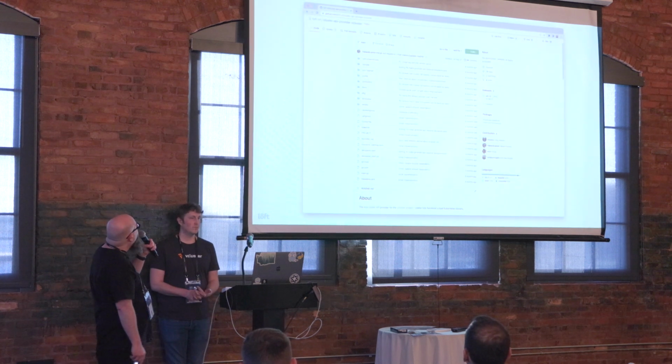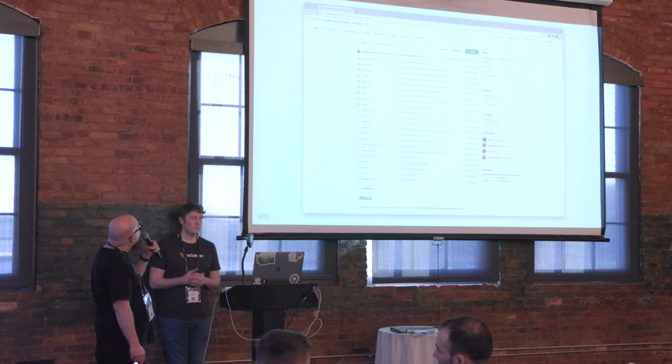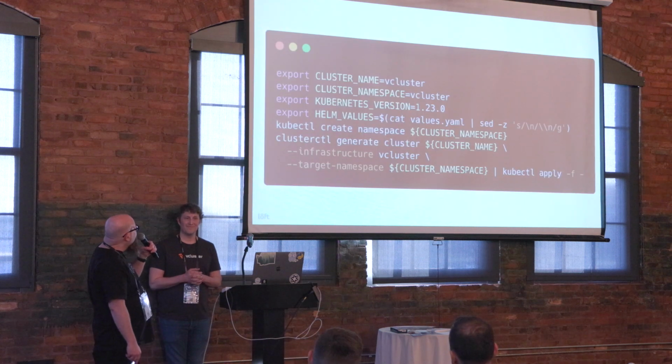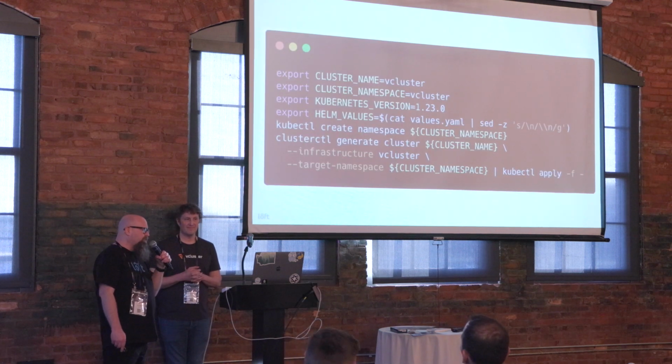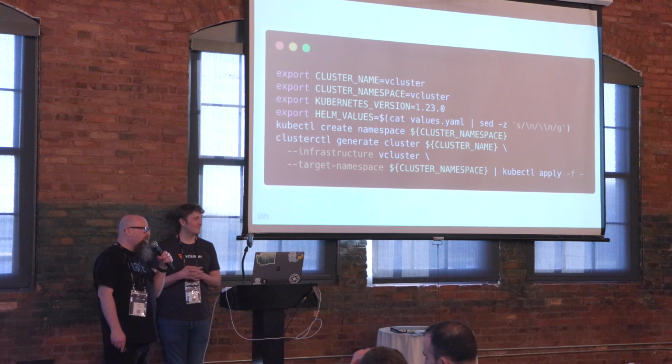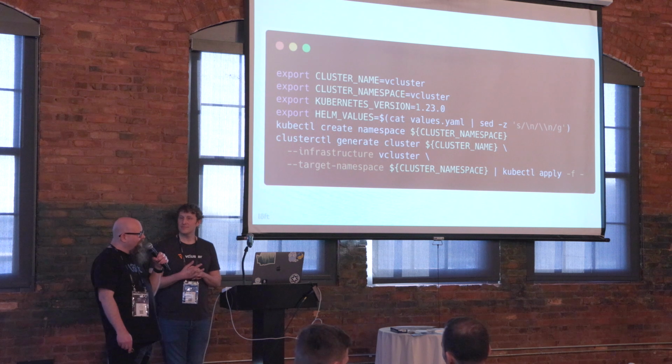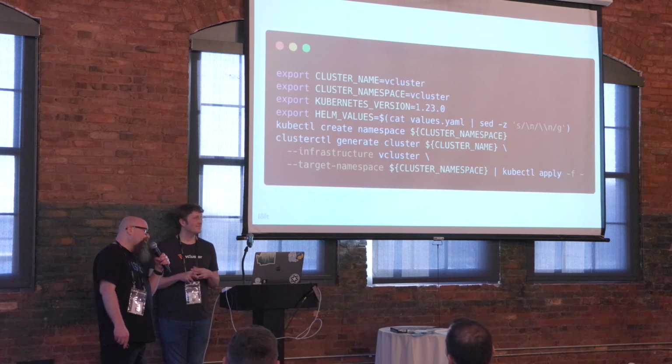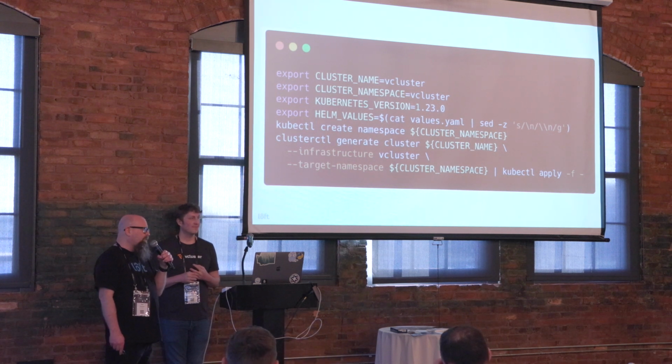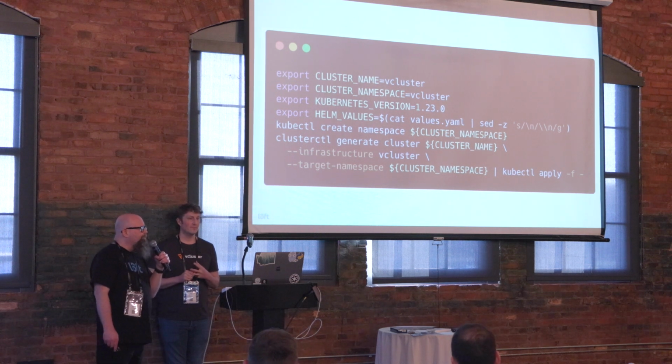And this is the repo for the Cluster API provider. And this is just a really brief example straight from the docs of how you would spin one of these up with just a little shell script. It's got some Helm values in there, if you're using the values file, or you comment that out, and then it runs the clusterctl generate command to actually spin up the virtual cluster.